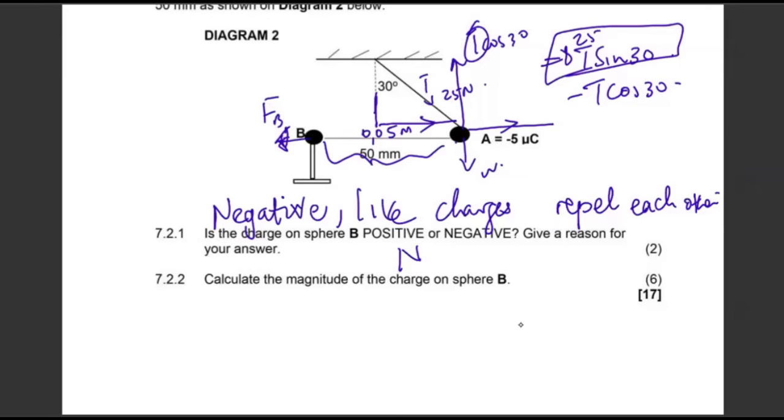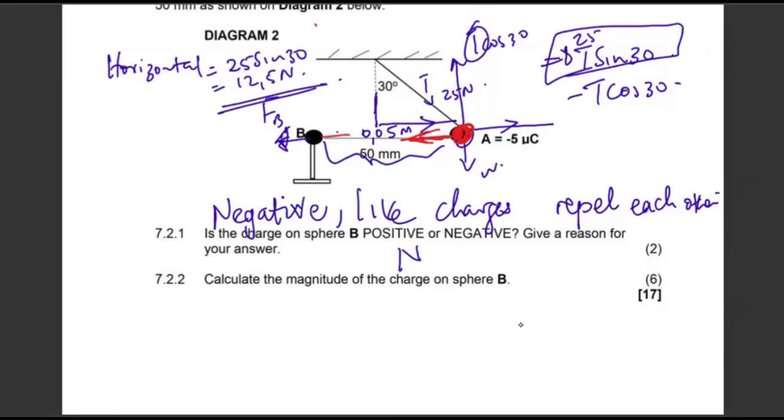So we're going to say that the horizontal component on this sphere A, because our focus is A, is going to be 25 sine of 30, which becomes 12.5 newtons. Then A is going to also experience a repulsive force in the opposite direction, because there's repulsion everywhere.